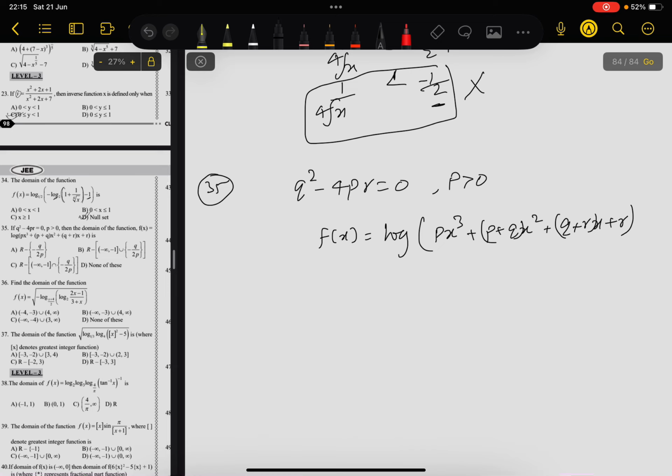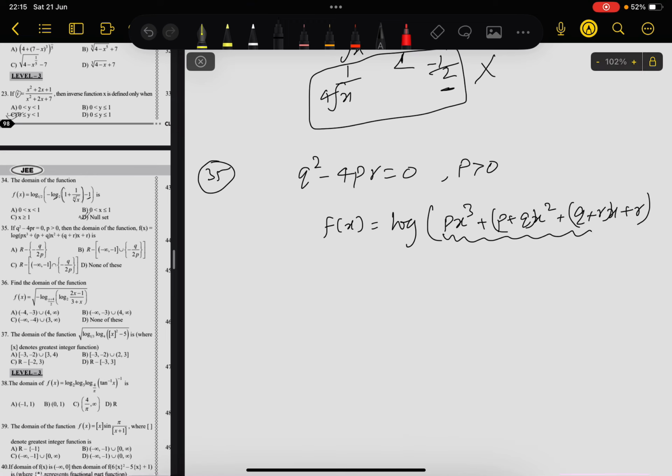Here it is given q square minus 4pr is equals to 0. So we need to find the domain. That means the argument of log should be a positive number. First of all, this one. Okay. And this q square minus 4pr should be 0. So here let's write px cube plus p x square plus q x square plus qx plus rx plus r.